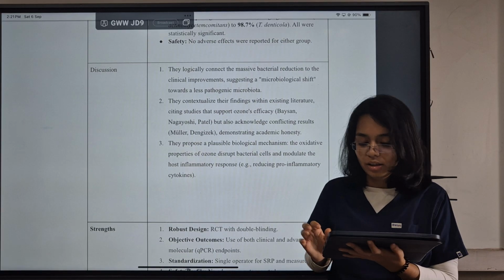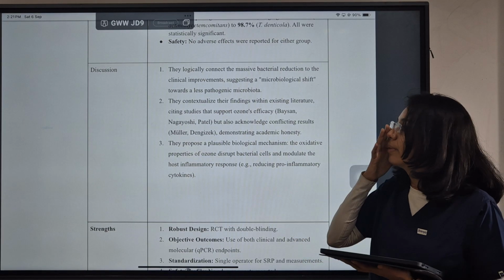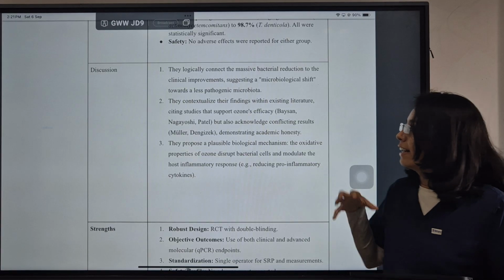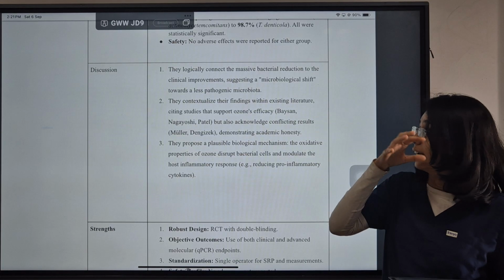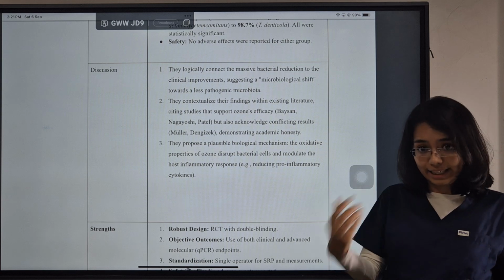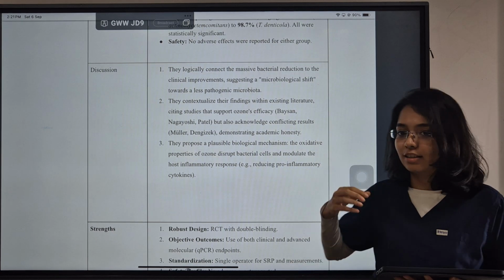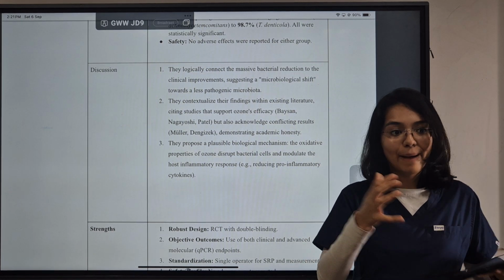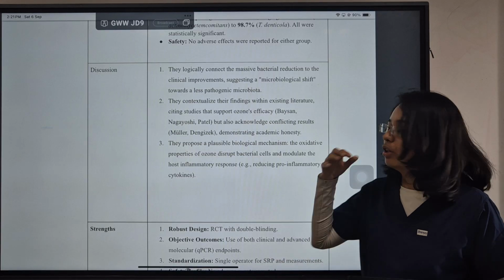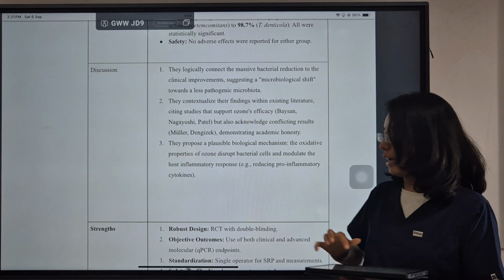Moving on to the discussion. The authors confirmed that there is a logical connection between the massive bacterial reduction and the clinical improvements that are seen. That strongly suggests a microbial shift towards a less pathogenic microbiota.